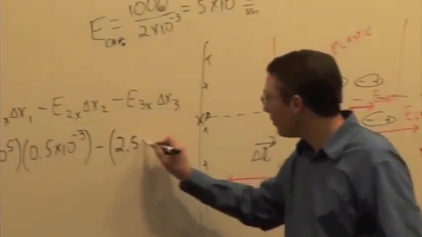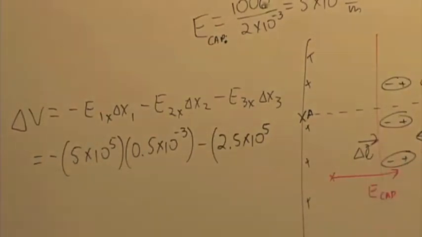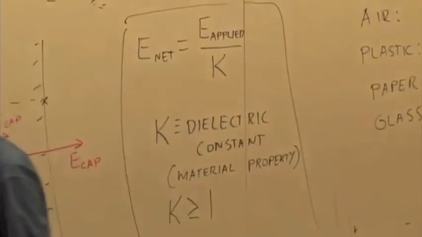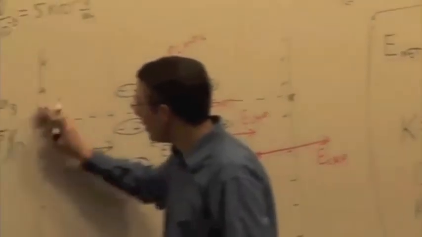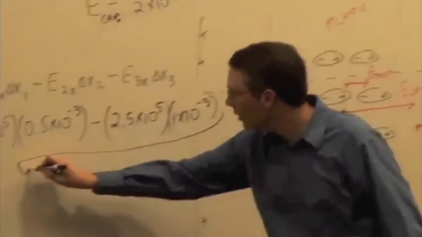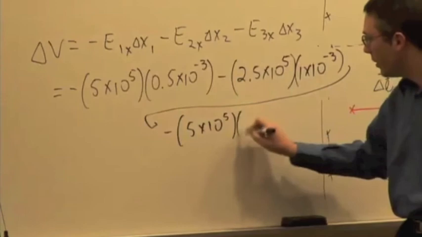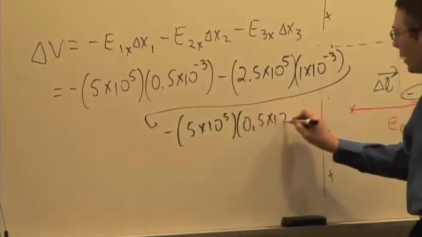It's 2.5 times 10 to the 5th, right? It's going to be the applied electric field due to the capacitor divided by the dielectric constant, which is 2. Okay, 2.5 times 10 to the 5th times 1 millimeter, times 1 times 10 to the minus 3. Minus 5 times 10 to the 5th times 0.5 times 10 to the minus 3.